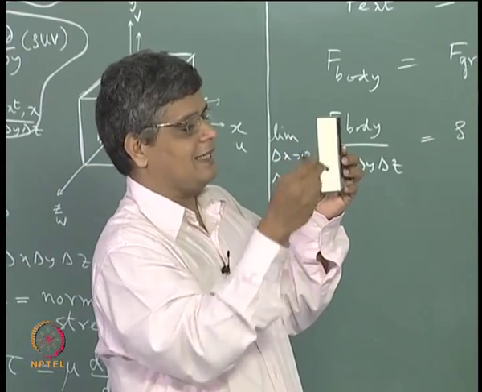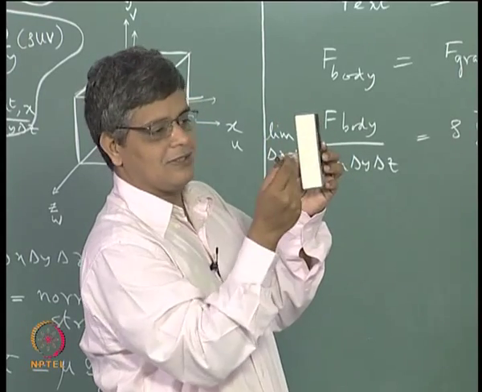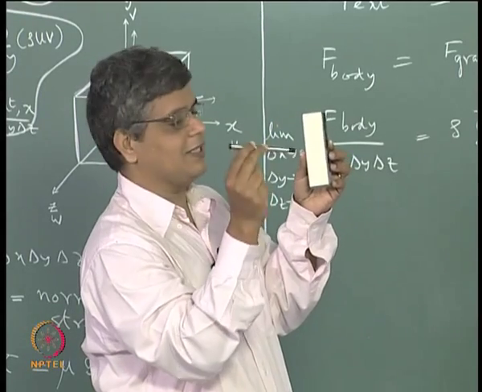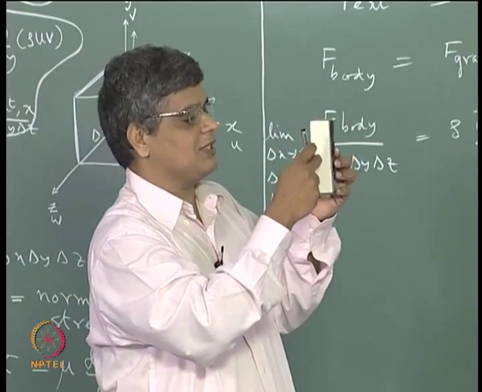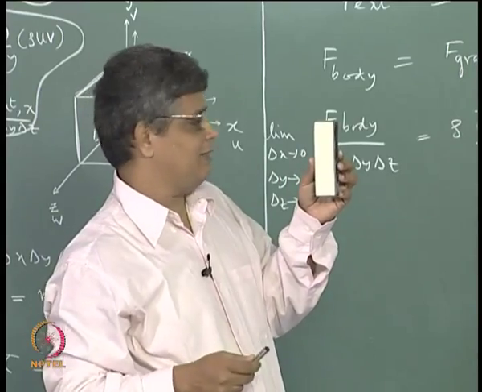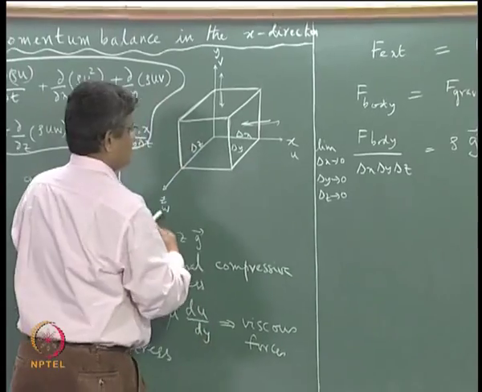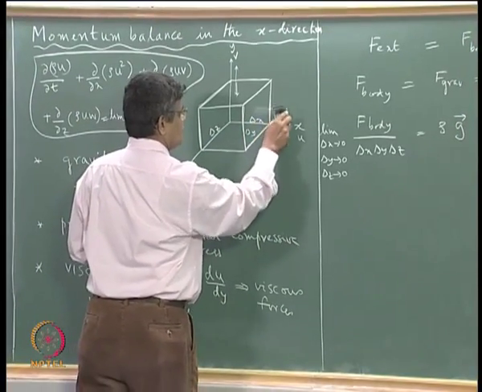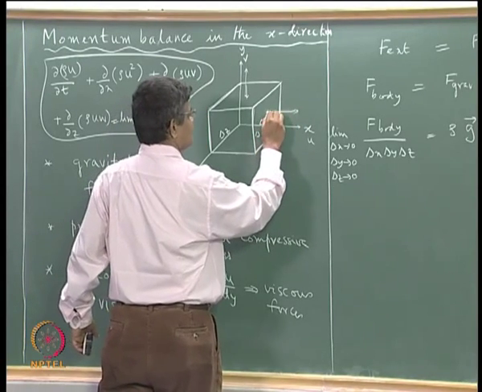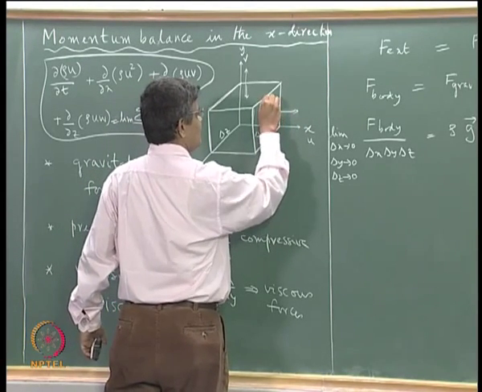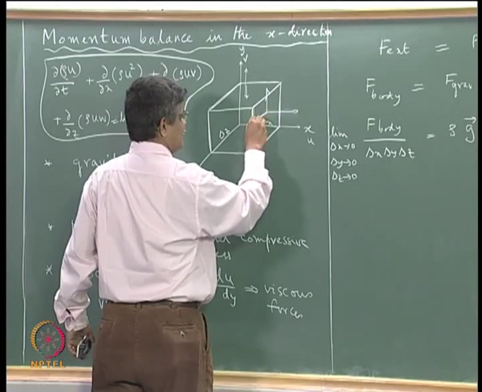For example, if this is x, then this may be the y direction, and the stress which is in the x direction and z direction. So we can have a normal stress and 2 shear stress components which are trying to deform the plane. So for every plane, we can have a normal stress, a stress acting in the y direction, and a stress acting in the z direction.